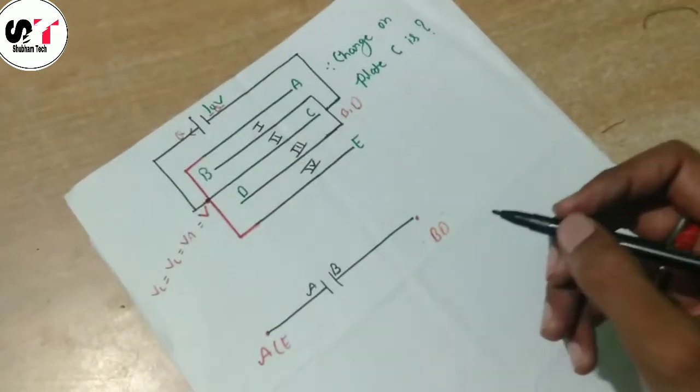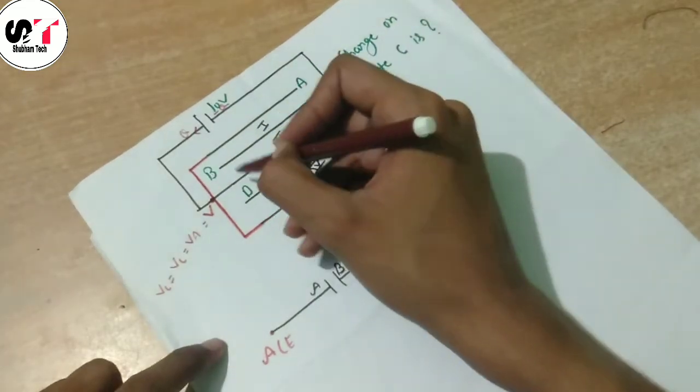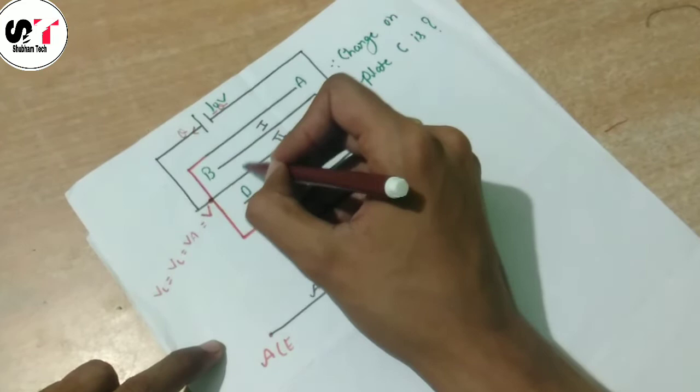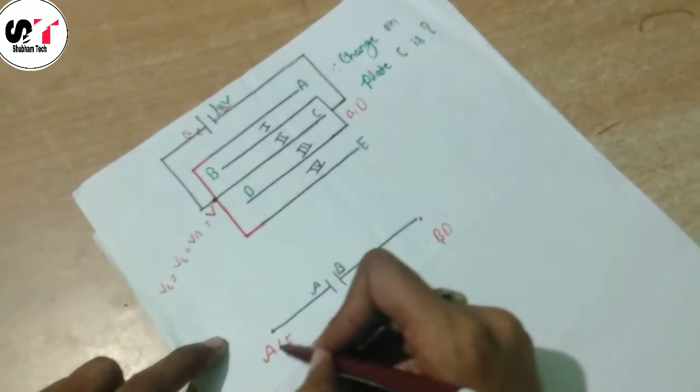Now another capacitor is formed between B and C. B is here, C is here.